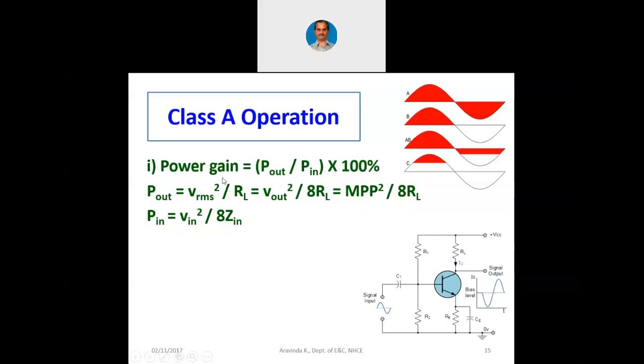What is RMS? Root mean square. RMS is nothing but VP divided by root 2, right? Or VPP divided by 2 root 2, right? I hope you remember those formulae. Let me write it. Let me change the color.